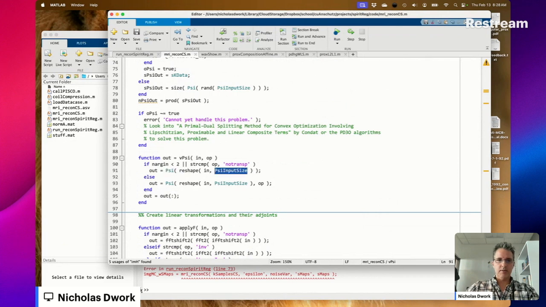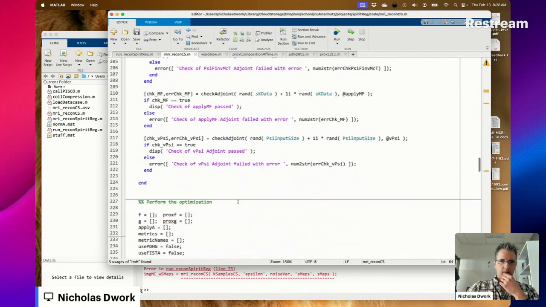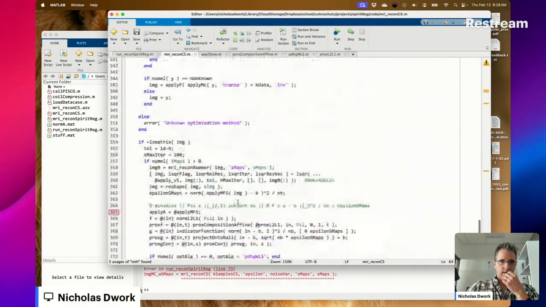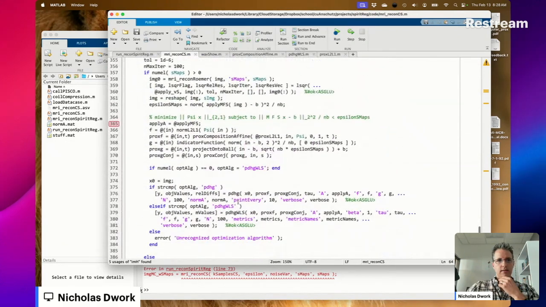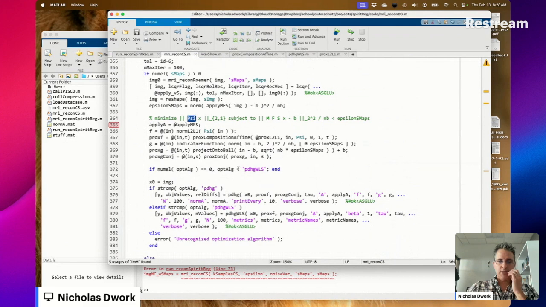Okay, what is psi input size? Because here I want psi to just be for a single coil, right?